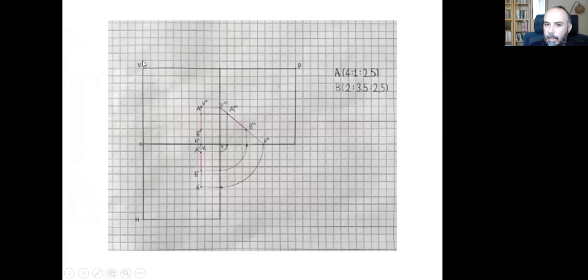In the class exercises, we use this graph paper because I didn't want you to carry your set squares and t-squares to the school. We can use these squares as guiding lines. So we will be able to do our exercises, in-class exercises, in an easier way. However, for your homework, I didn't want you to do it like this.